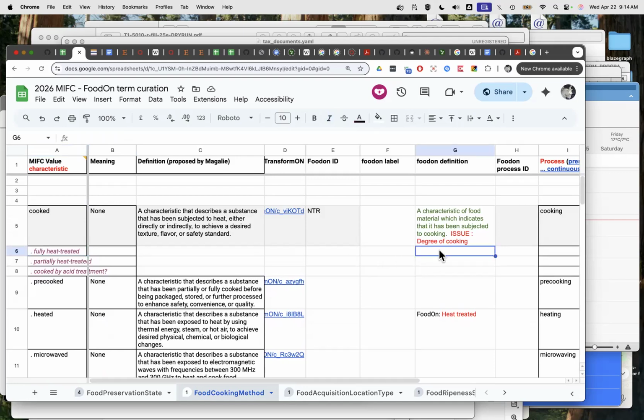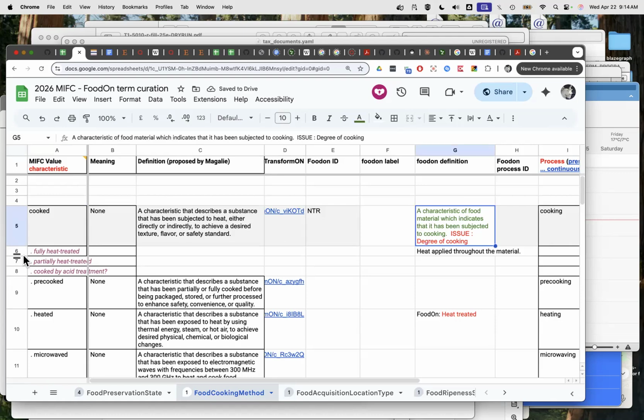Didn't we have something? I think there was something in my FC that was similar to that. Perhaps a solution would be not to mention that cooked has been subjected to heat and not add the synonym heat treated to cooked, but treat cooked separately.